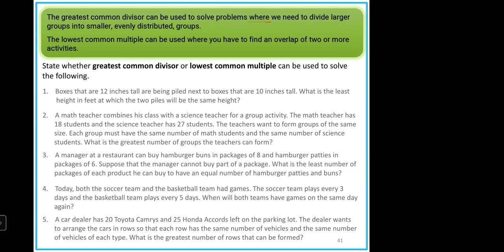Where are we now? Number 4? Miss Fernanda? Yes, okay. I'm not sure. Let me see. This one I think is the soccer one. That would be the lowest common multiple.